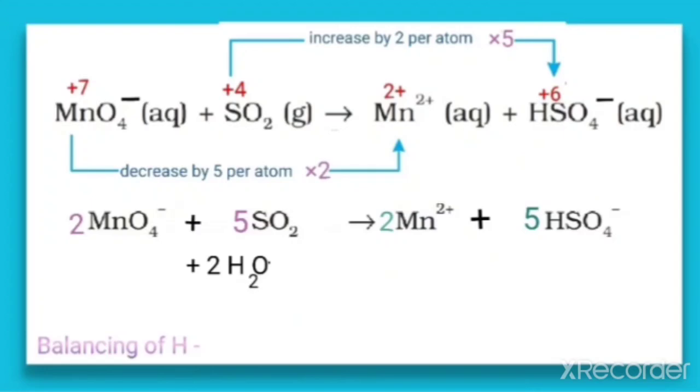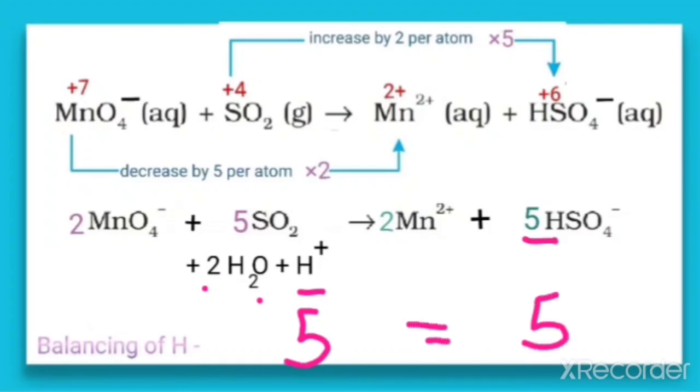Now when you find out, the hydrogen number is balanced, because 2 into 2, that is 4 plus 1, that is 5 hydrogen on the left hand side, and here it is 5 hydrogen on the right hand side.